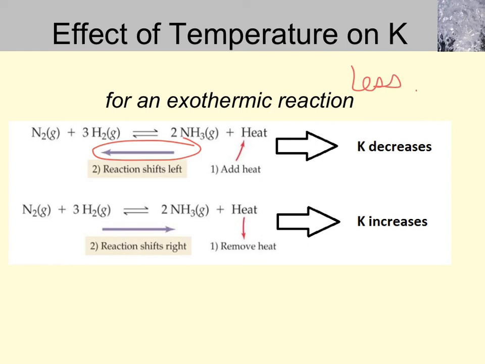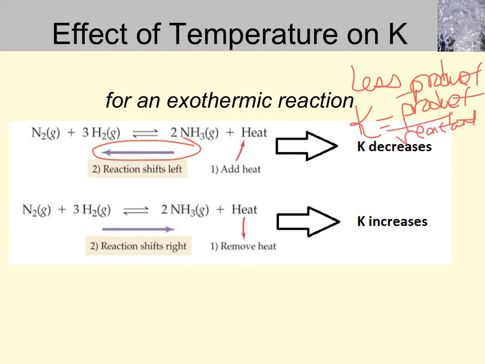It means you're reducing the amount of product you have. If you have less product, what happens to K? Now remember, K is product over reactant. So if you have less product, that means your numerator is getting smaller. K gets smaller. K decreases.